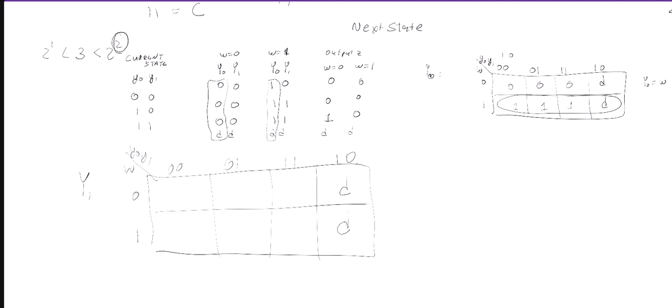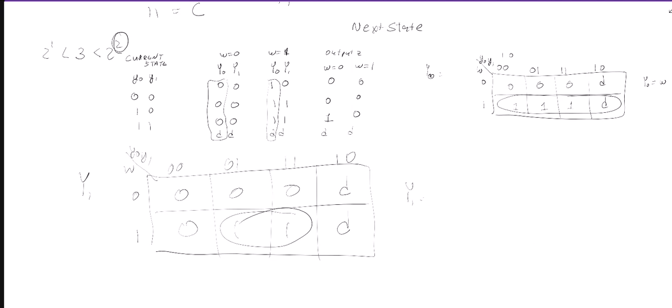And I have all zeros for W equals 0, and I have 0, 1, 1 for when W equals 1. So it looks like this is my best cover for those.